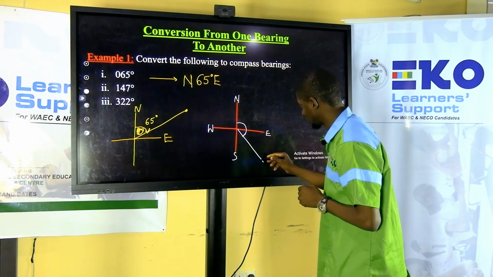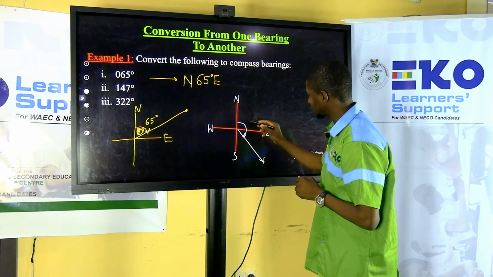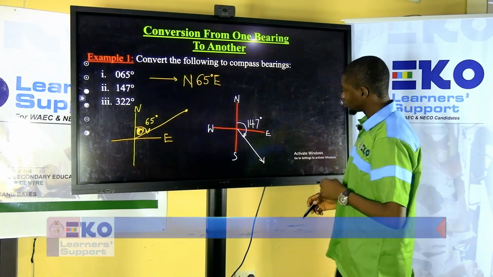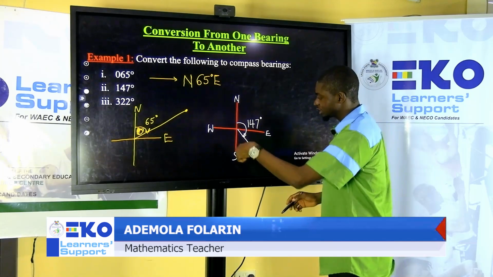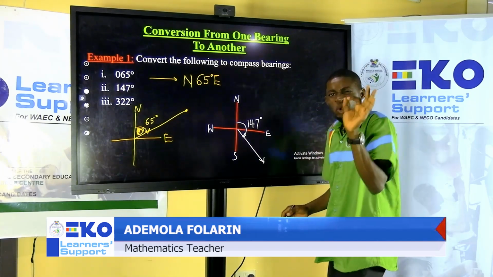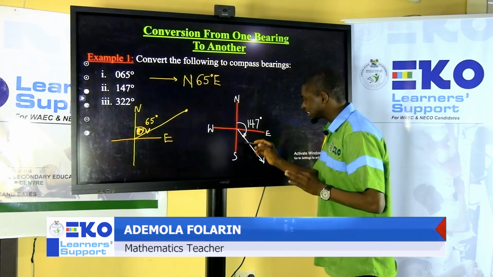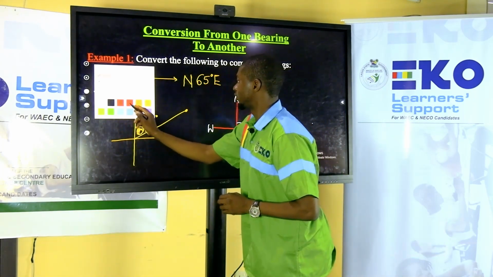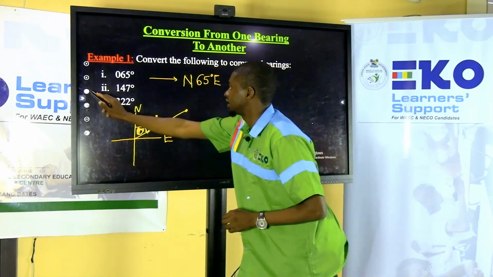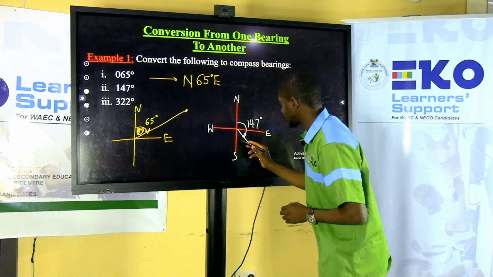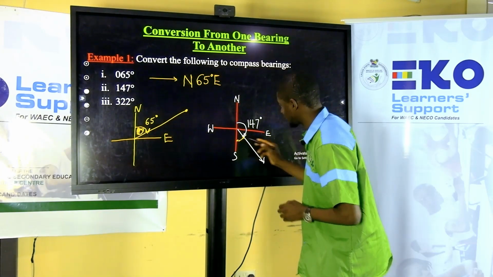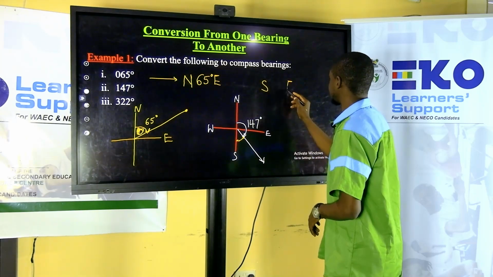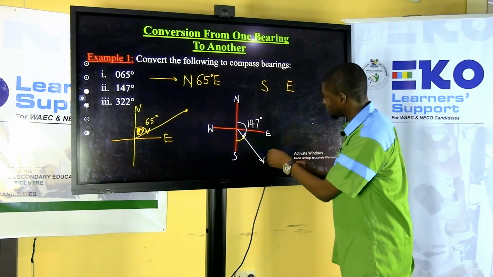So we draw. This is 147 degrees. Now, to know it, remember, it falls in the southeast. So your angle of concern is southeast. Remember, because of where it falls, write southeast. So what angle will it be?